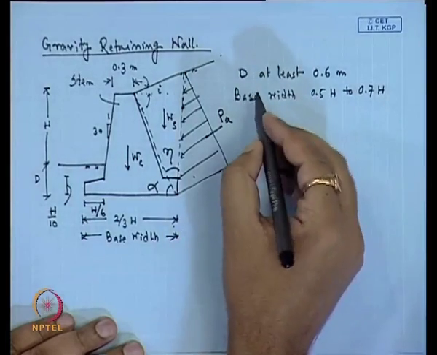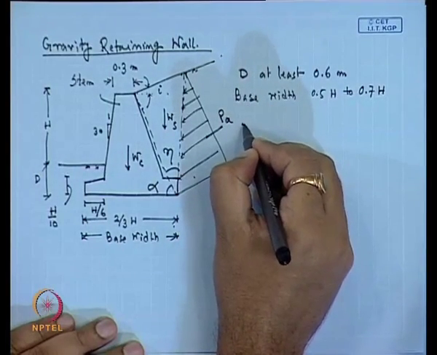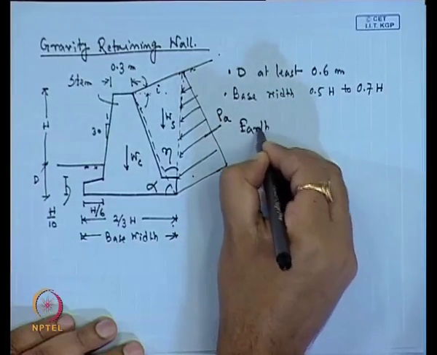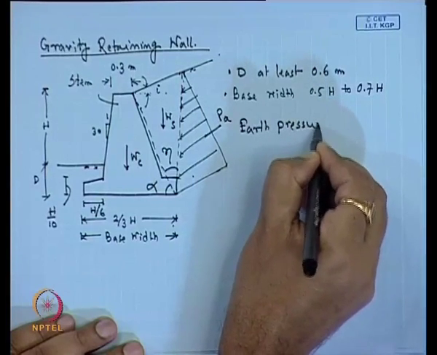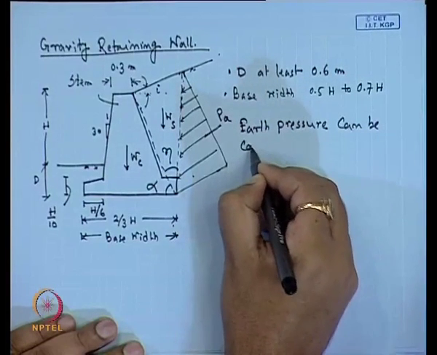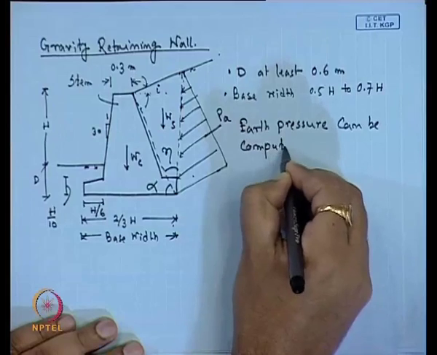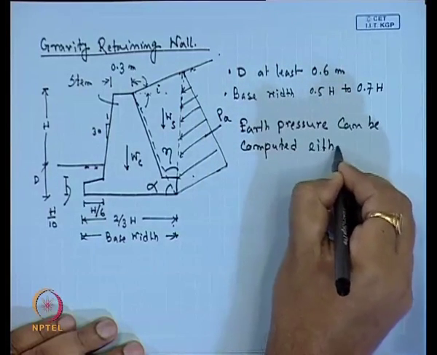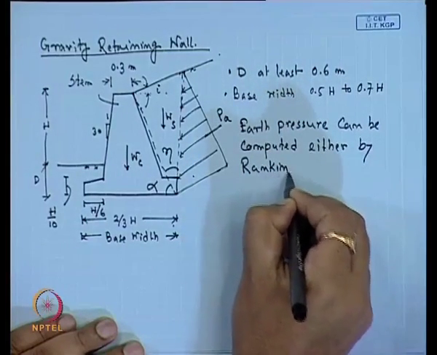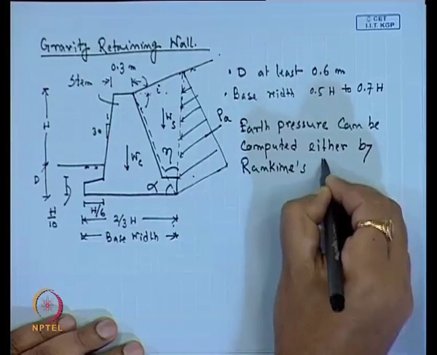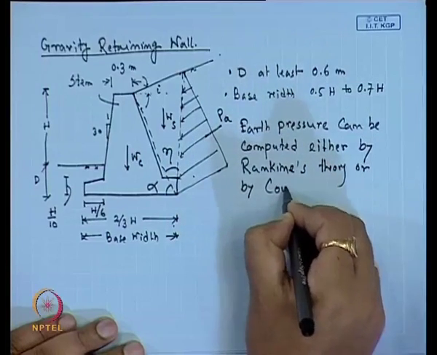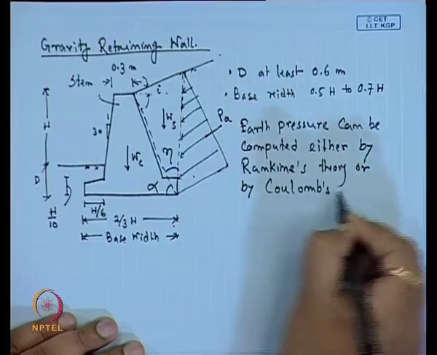Now, for Rankine's theory, this earth pressure can be computed either by Rankine's theory or by Coulomb's theory.